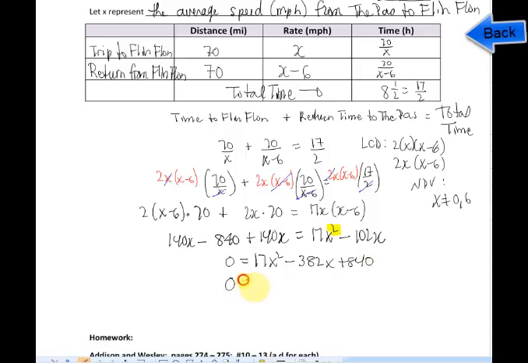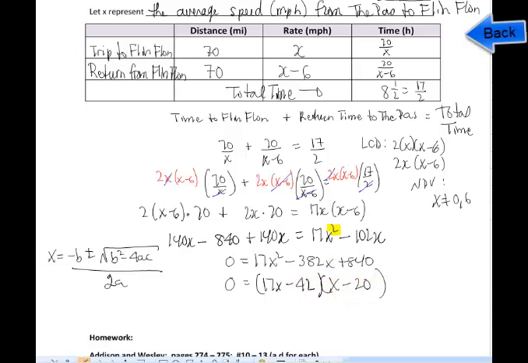Now this is factorable, but like I said in class, if you didn't feel that you could factor this, you can always use the quadratic formula, which is x equals negative b plus or minus the square root of b squared minus 4ac over 2a. But I know it's factorable, so I'm going to factor. And I get 17x minus 42 and x minus 20.